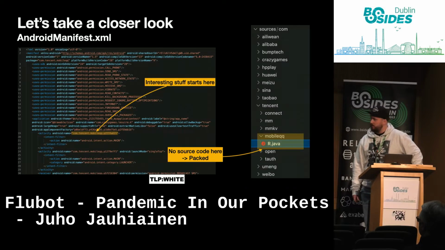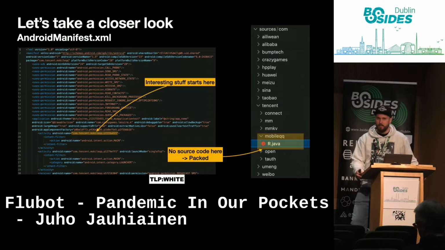So if we take a closer look at how the packing is done, first of all, AndroidManifest is a good place to start and see what the application is doing. It's basically a list of what services and listeners and so on are started when the application is installed and started.